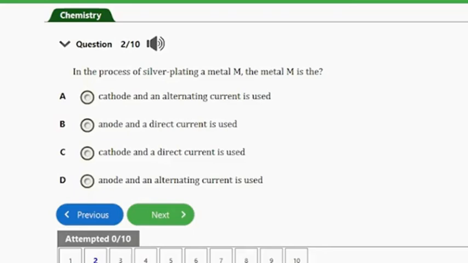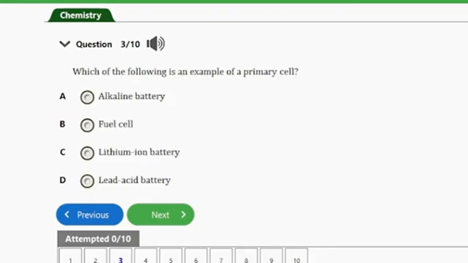So guys, the answer to this question is option C here. A direct current is passed into the setup of an electroplating of metal M by placing it at the cathode. So during electrolysis, it is a direct current that is passed through the electrolyte. So that's it guys for that question. Let's consider the next question.